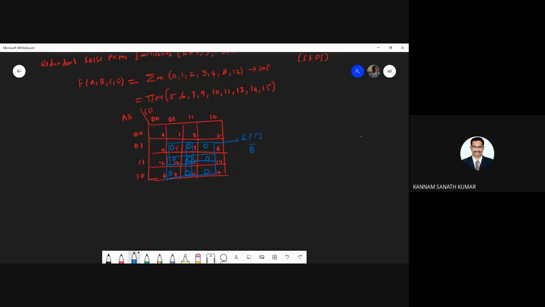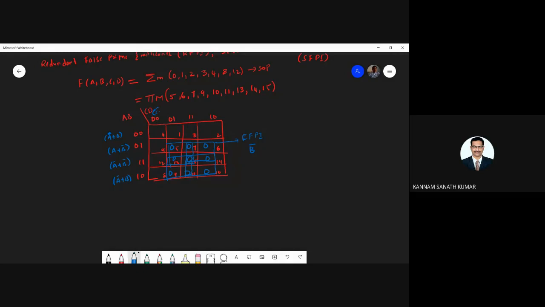This is nothing but B bar. Okay. So this is A plus B, A plus B, A plus B bar, and A bar plus B bar, A bar plus B. Okay.